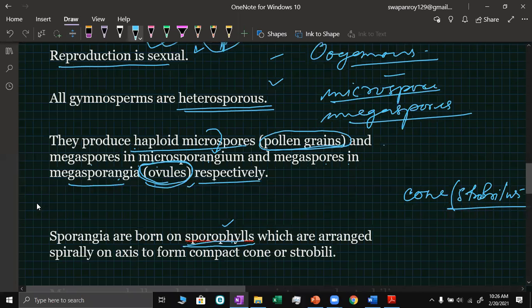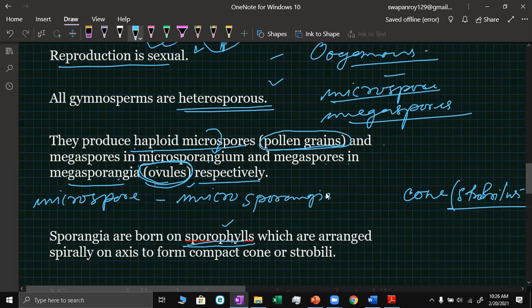Microspores are produced within the microsporangium, and microsporangia are borne on microsporophylls.